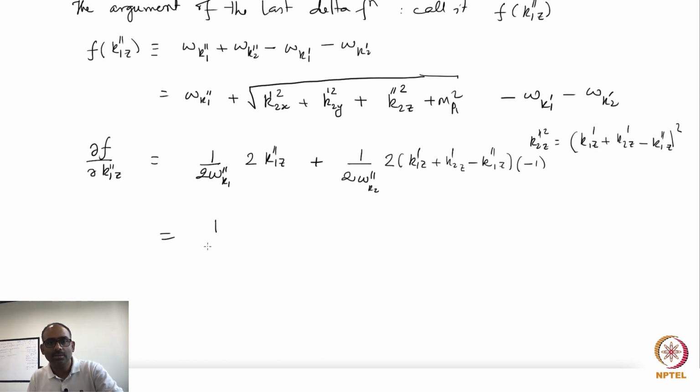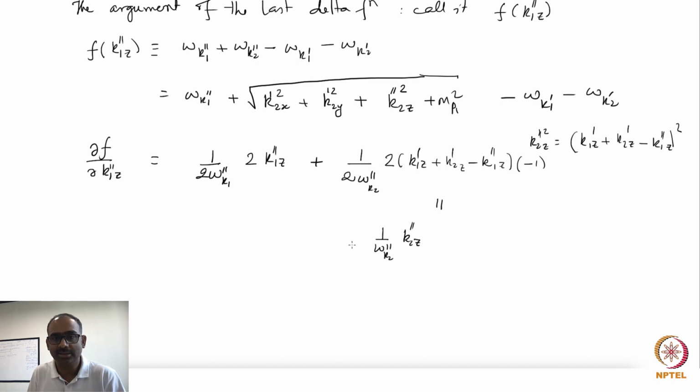If you look at this piece, this is equal to 1 over omega k2 double prime, and then k1 prime z, you can use the previous delta functions, and this will give you k2 double prime z.